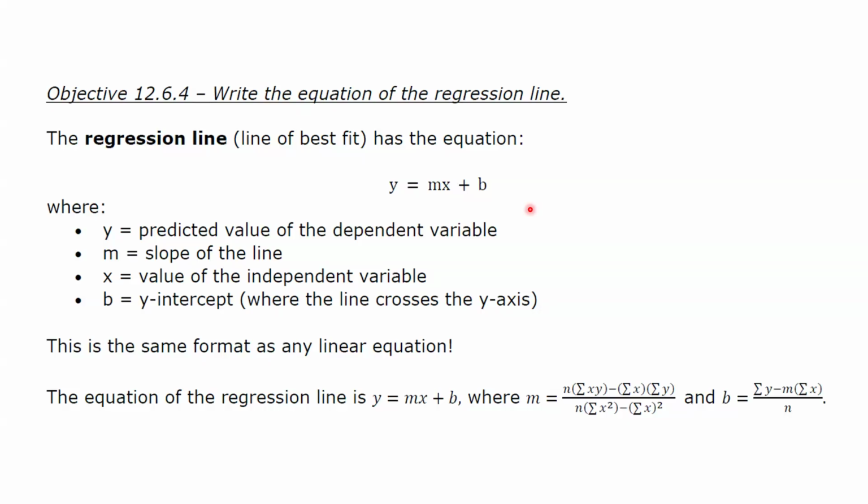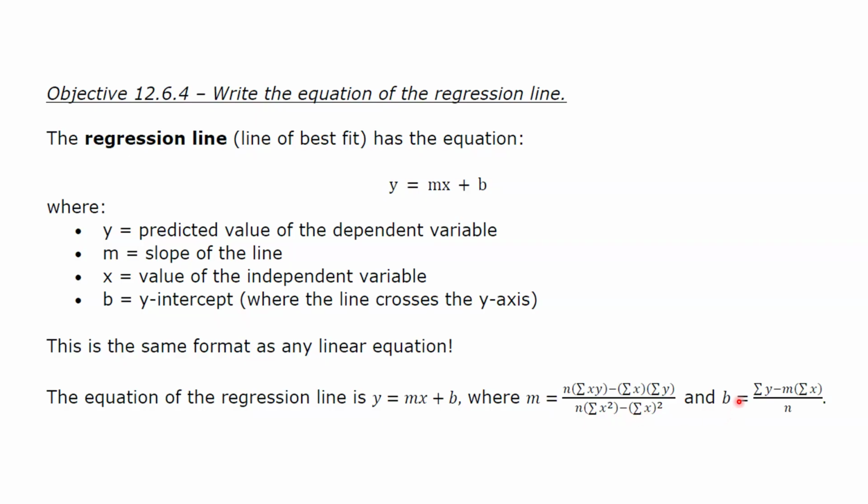And this is the exact same format as any linear equation we've worked with before. Now, to find m and b, we have specific formulas. The slope m equals n times the sum of xy minus the product of sum of x times the sum of y, all divided by n times the sum of x squared minus the quantity sum of x, squared.